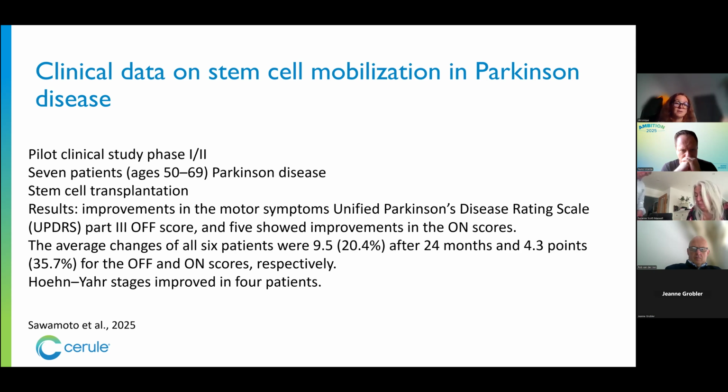There is an average change of 9.5 points for the off score and 4.3 points in on score. And there is also an improvement in the Hoehn and Yahr stages, which measure the evolution of Parkinson's disease, improved for 4 patients.